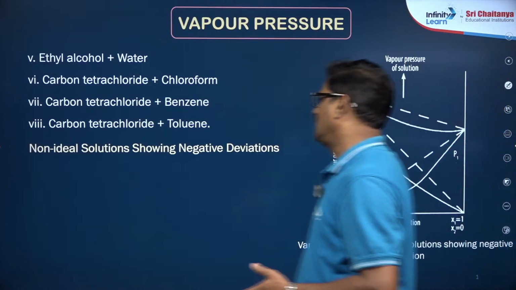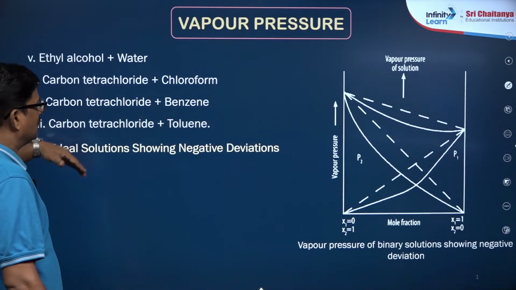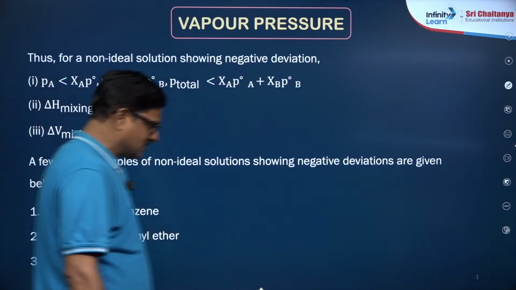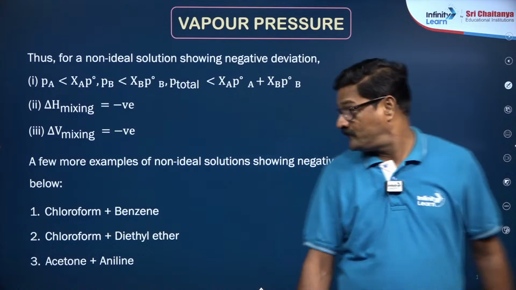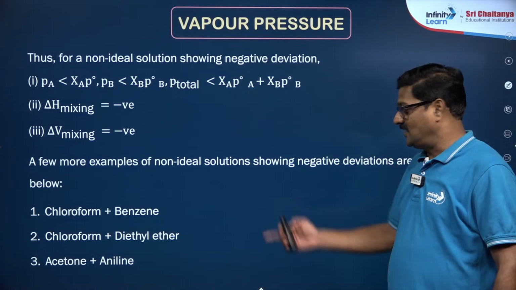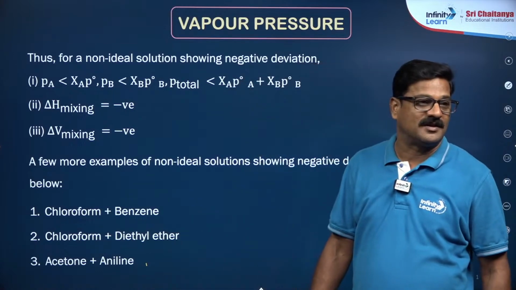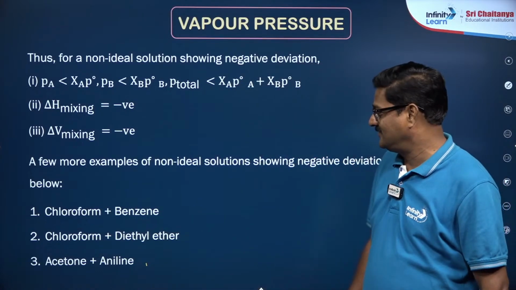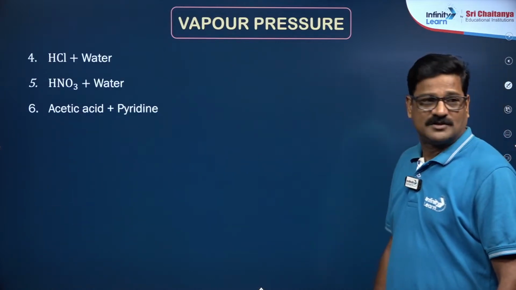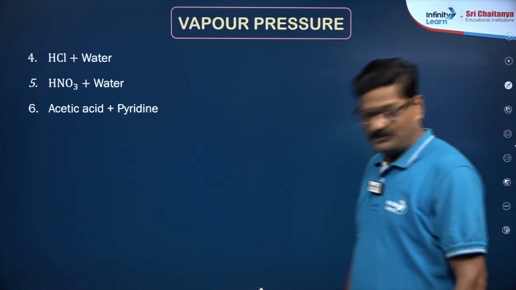So, non-ideal solutions showing negative deviation, these are some more examples. Chloroform and benzene, chloroform and diethyl ether, acetone and aniline, phenol and aniline you can also take. इसी तरह HCl and water, HNO3 and water, and acetic acid and pyridine. What is pyridine, beta?